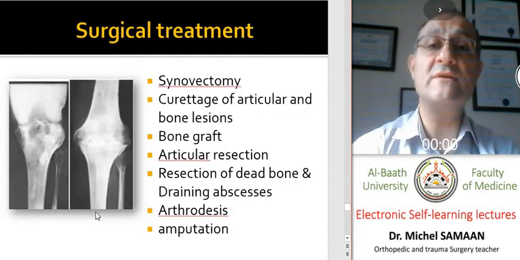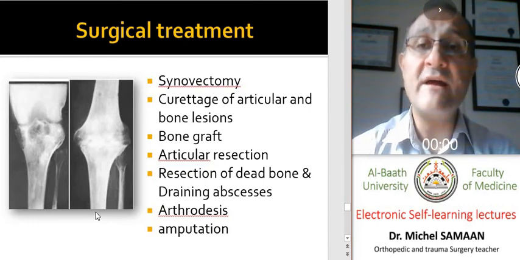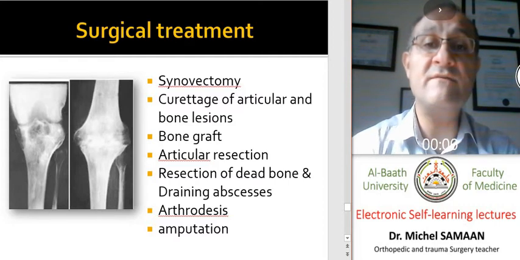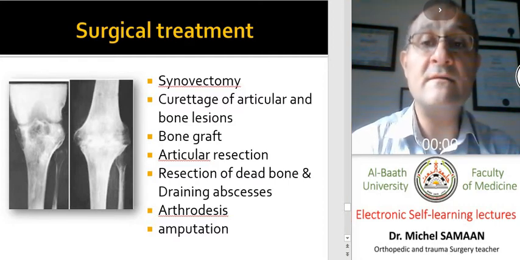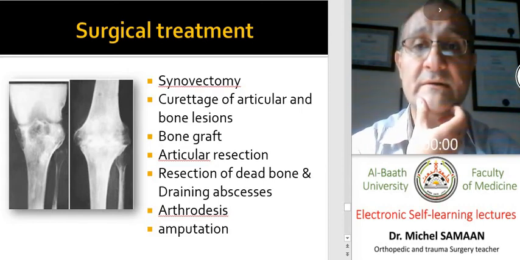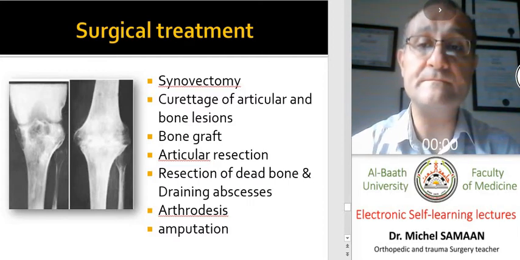Surgical treatment usually is synovectomy, curettage of the lesion, bone grafting of the cavities, articular resection, and even some kind of arthrodesis and amputation. But usually we do not do joint replacement in case of joint infection.